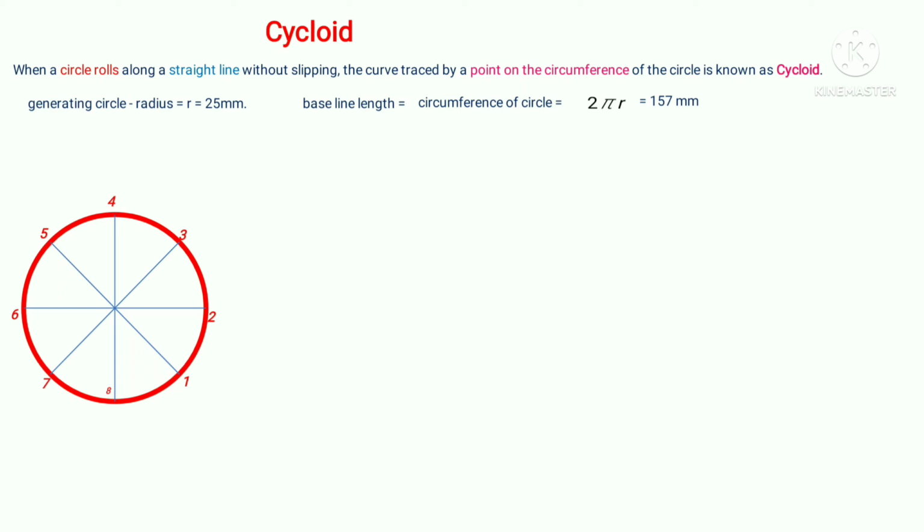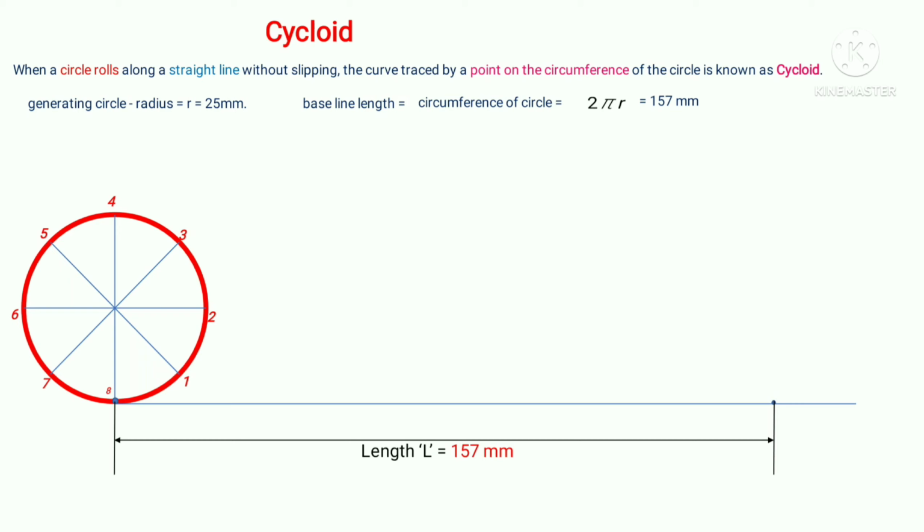Division of a straight line is already known, so now I divide this into 8 equal parts. So these points denote the 8 equal parts on the baseline, and the numbering has to be done from 0, 1, 2, 3, and so on. So these numbers which are done on the baseline in violet color are known as base points.